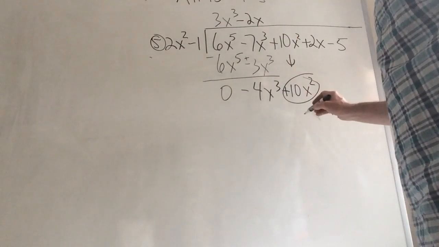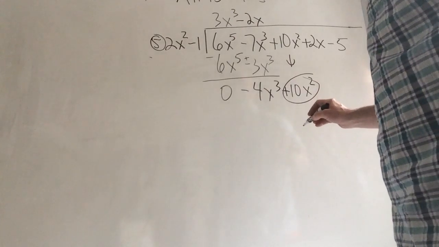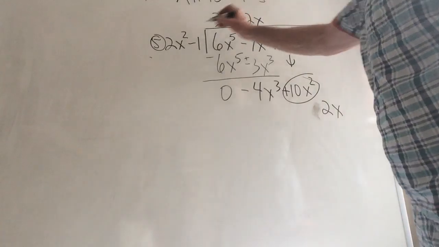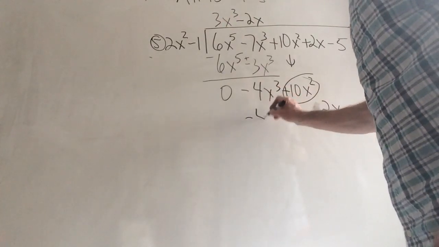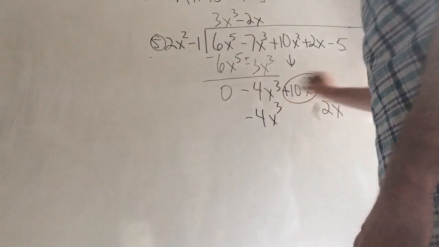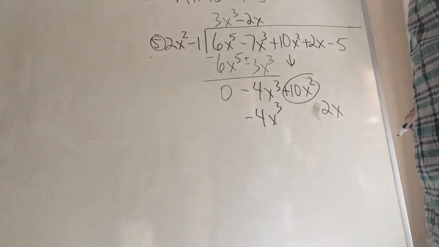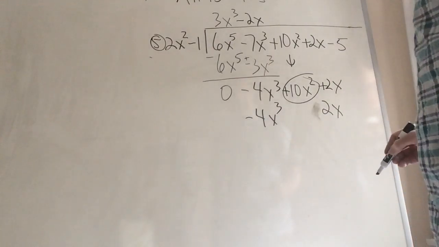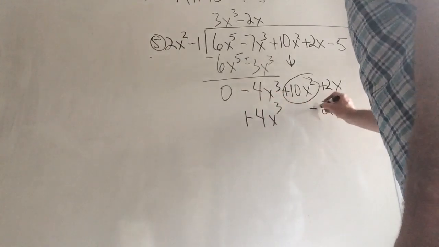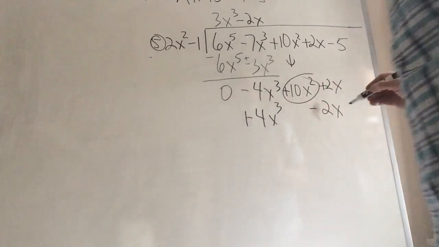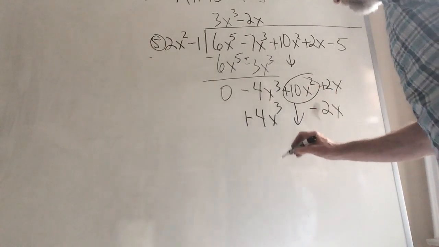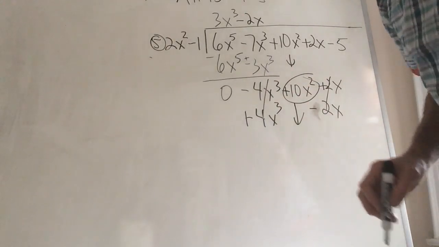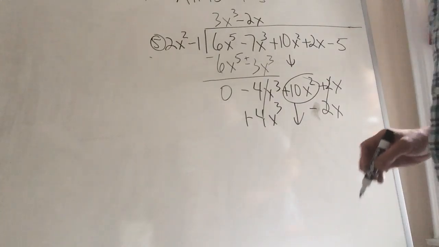So as we're here, and we divided everything down, when I multiply backwards, I get negative 4x cubed, and then this one here. And there's my positive x, okay? So now when I take the opposites, the 10x squared is still there. I'll bring that down. But these guys go away. See that? So that's typically what happens as the problems get more complicated.